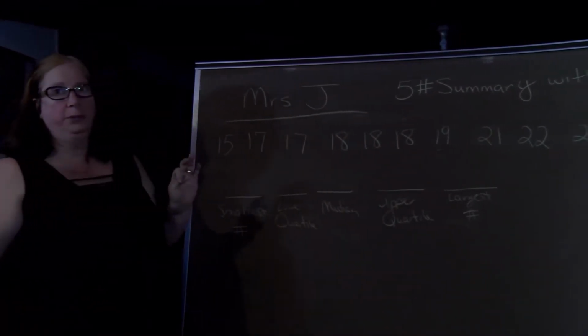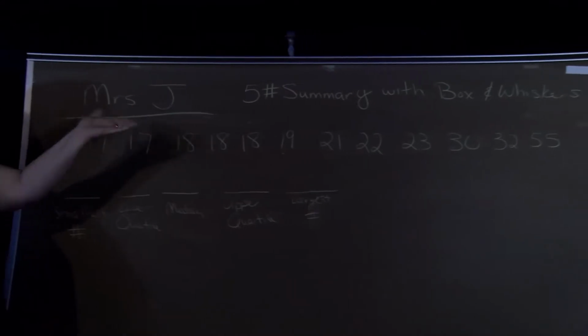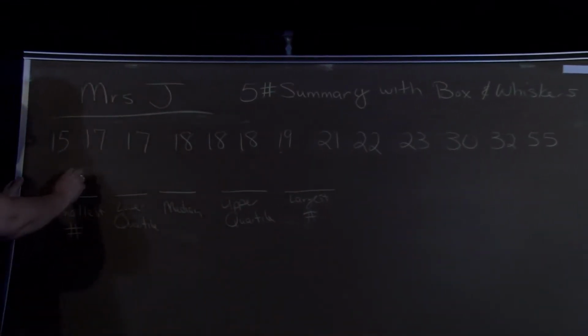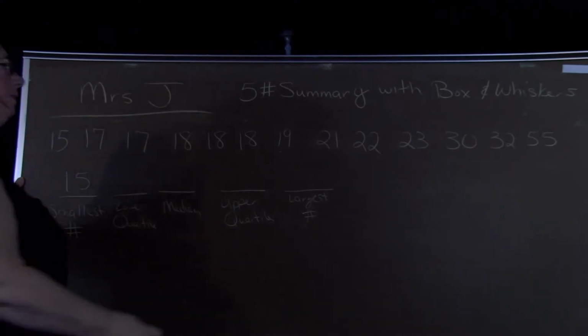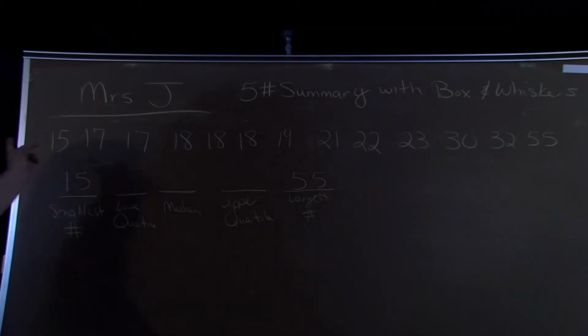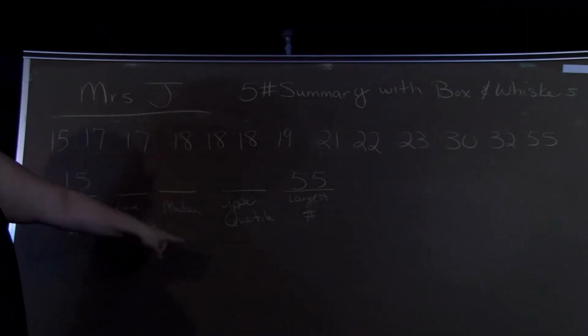So, first two. Now, if this is ages in a classroom, the smallest would be 15, and the largest would be 55. There's 13 here, and so the median would be the middle value.